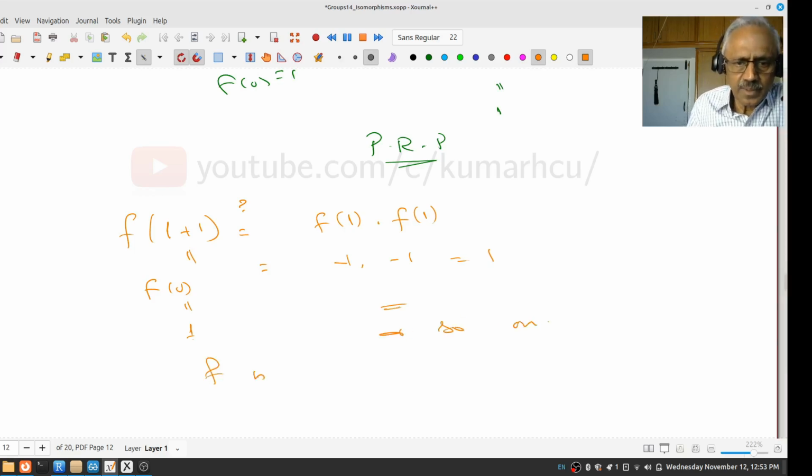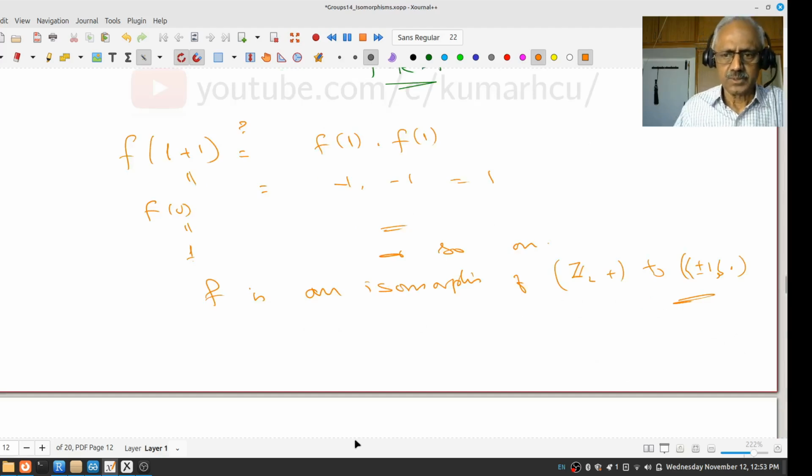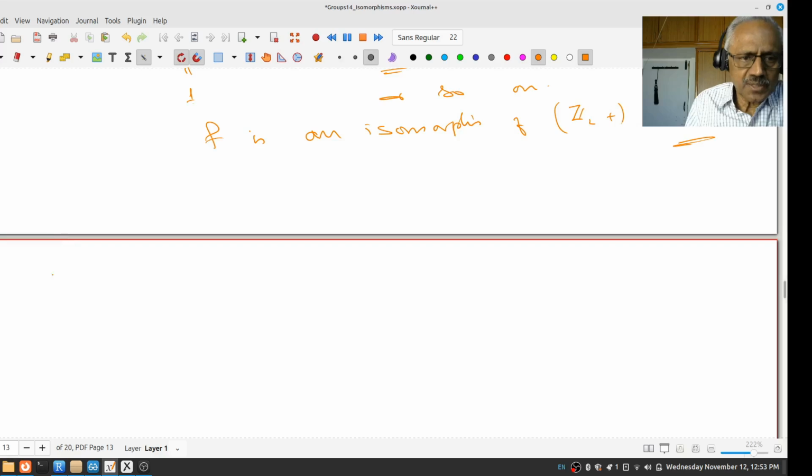Therefore, f is an isomorphism of Z2 under addition to the plus or minus 1 multiplicative group of these two elements. So let us define a word.